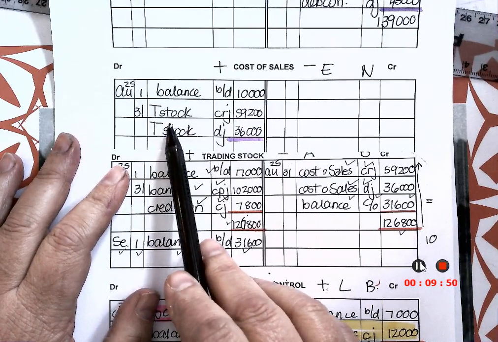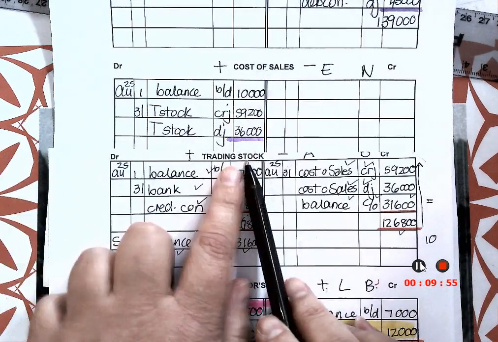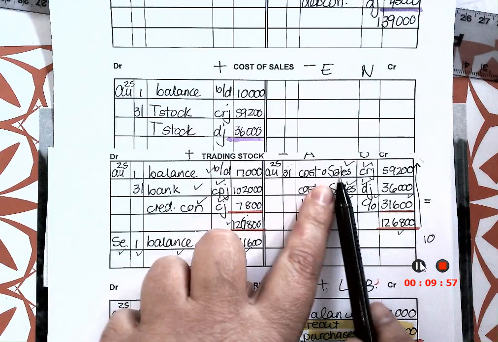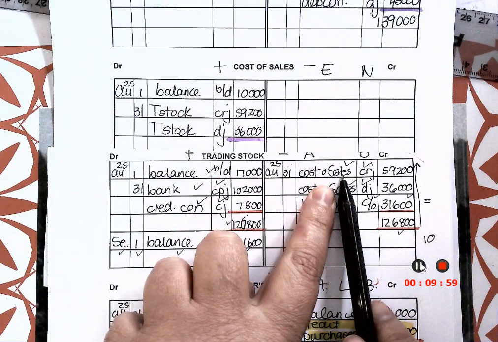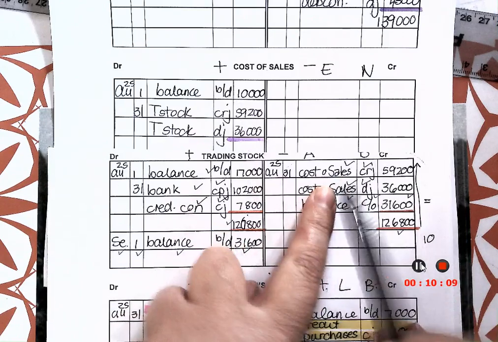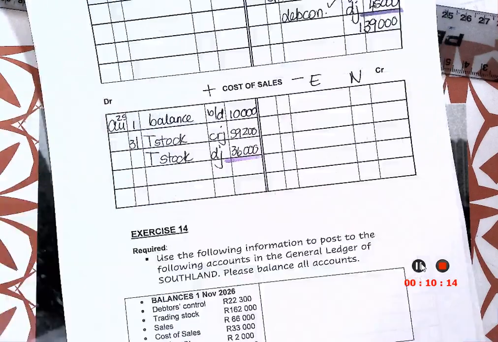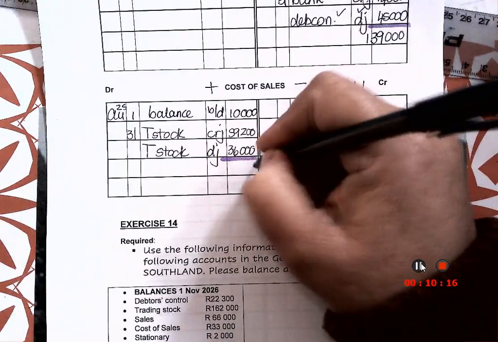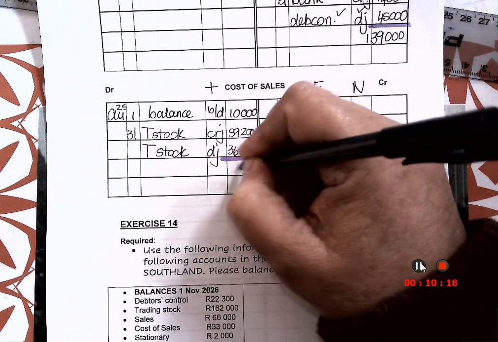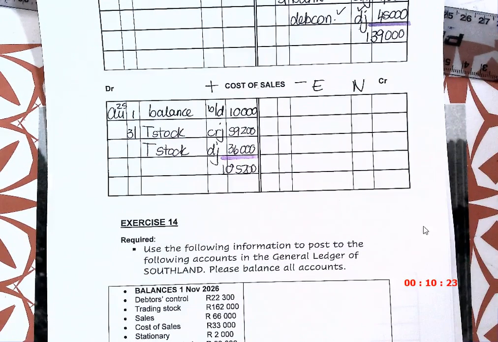When I go to the trading stock, I say, cost of sales will be debited with trading stock. You see? Okay. So now let's total. What do I get? 105,200.